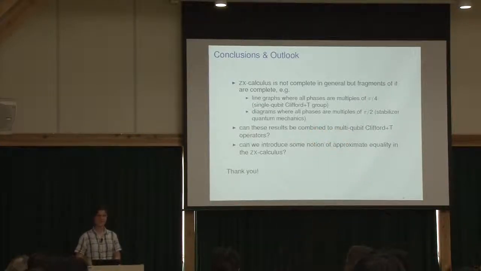Yes, hi. So in Vladimir's talk, he said he wanted to have a rule exchanging the two versions of the already composition. So it seems to me that you could probably give such a rule for the Clifford plus T case using the result you have here. Is that correct? So in the Clifford plus T case, you don't have this general Euler decomposition rule because you're restricted to phases being multiples of pi by 4.